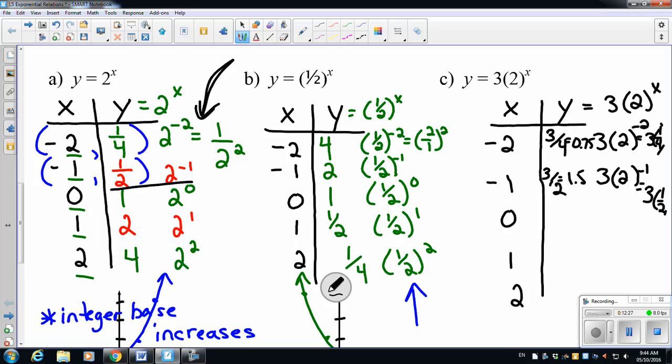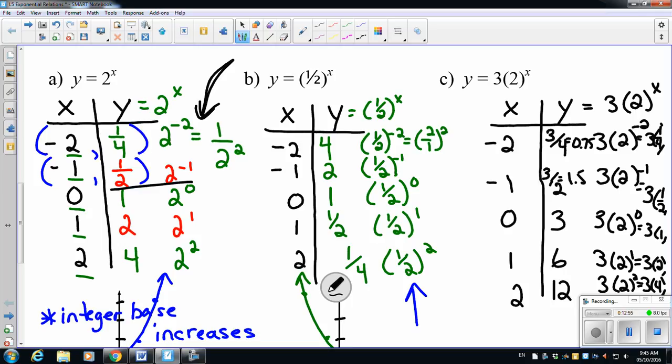That might help you with the graph. All right, so I've got 3 times 2 to the exponent 0 this time. Anything to the 0 is 1. So I have 3 times 1, which means I have 3. And then I've got 3 times 2 to the exponent 1. So I have 3 times 2, which means I have 6. And last one, I have 3 times 2 squared, which is 3 times 4, which would be 12.